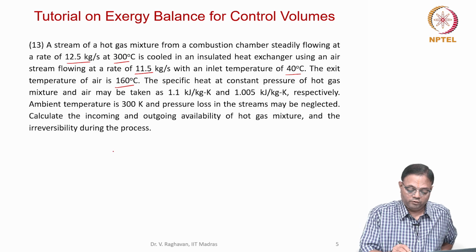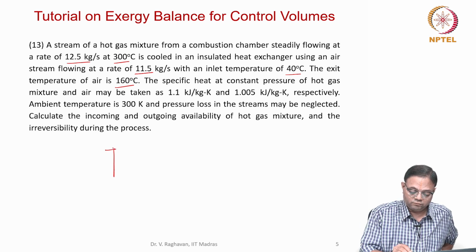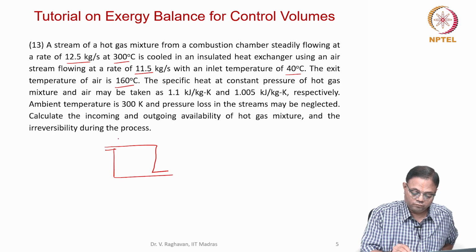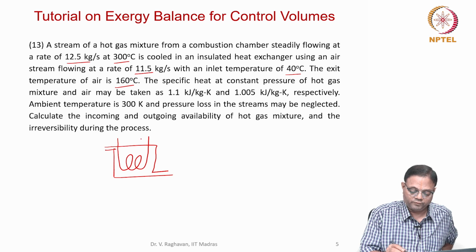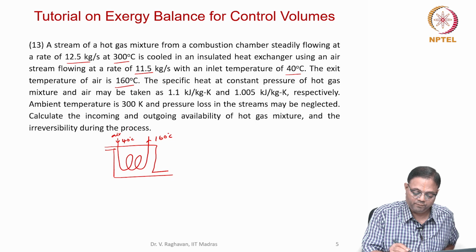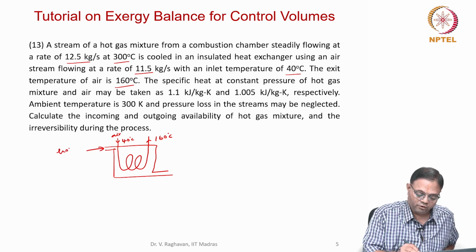Let us draw this. Something like this we can say. So this is the air, 160 degrees and 40 degrees. The air comes out. So this is the air stream, and this is the hot gas mixture.